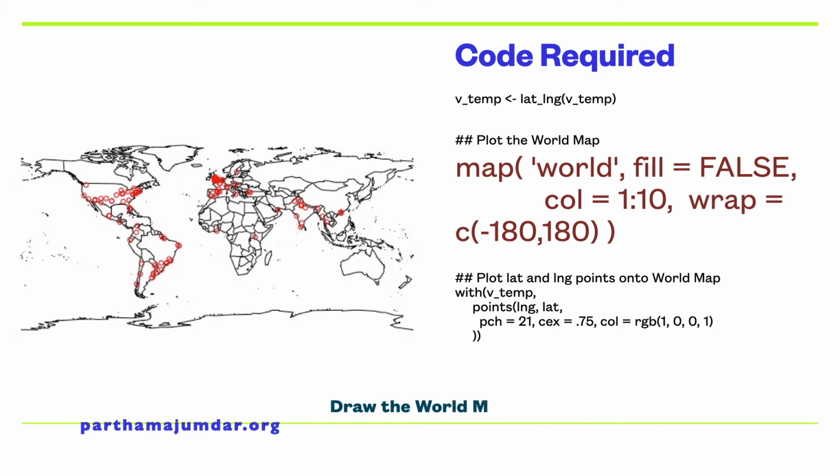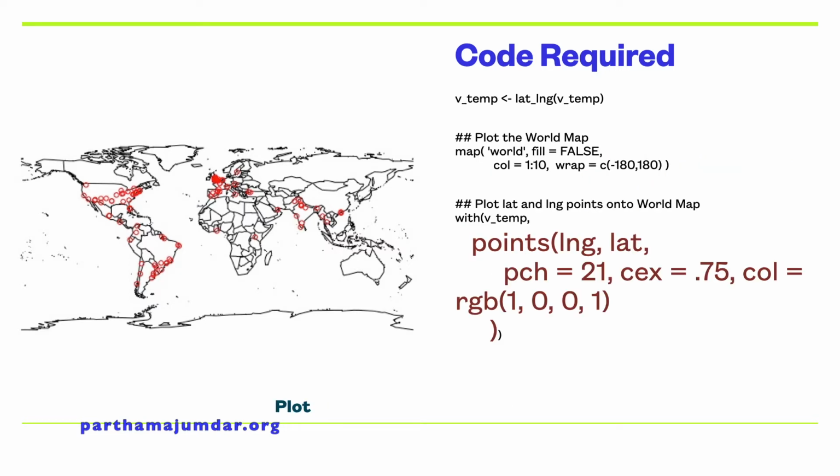Next, we plot the world map. The world map can be plotted by the function map. This is available in the maps library. So here we can create the world map, and then after the world map has been created, we can use the points function for plotting the points on the world map from where the tweets have been made.